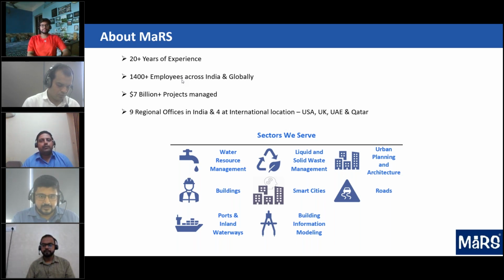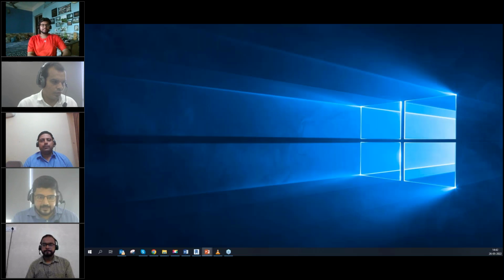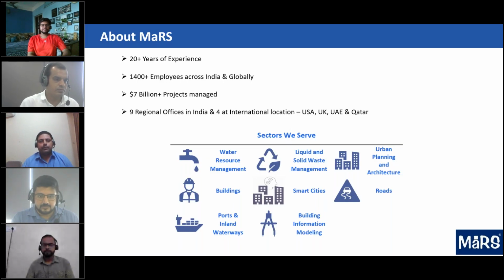We are also located in the US, UK, UAE, and Qatar, which are our international operation offices. So far, we have managed more than $7 million worth of projects in project management consultancy as well as design. The sectors that we serve overall for design, PMC, and BIM are water, wastewater, liquid and solid waste management, urban planning, buildings, smart cities, roads and infrastructure.